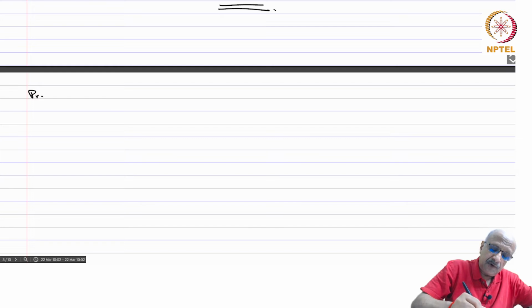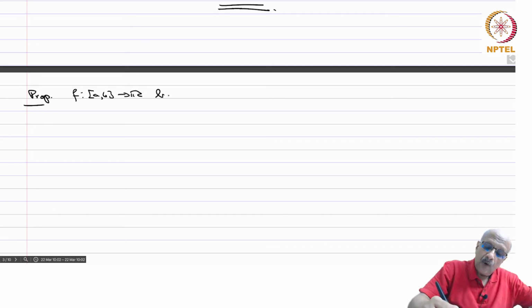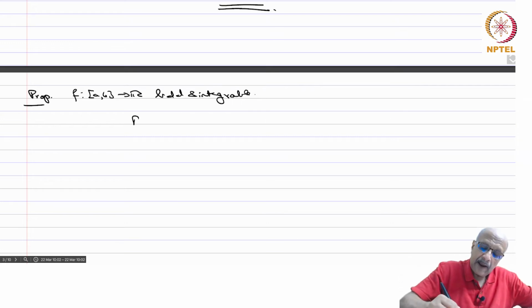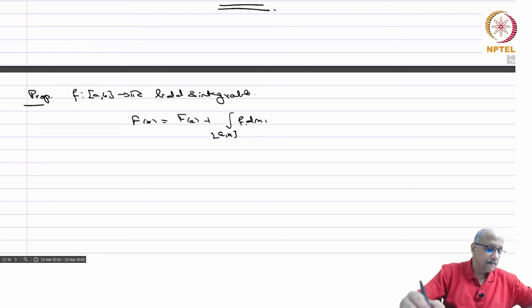So proposition: f from [a,b] to R bounded and integrable. Capital F(x) equals f(a), that's some constant, plus the integral from a to x of f dm1, for x in [a,b].